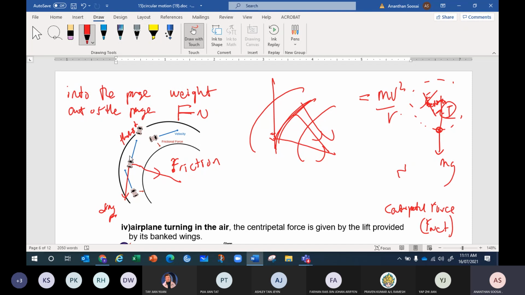But whatever force is acting 90 degrees to the center of the circle is pointless for our discussion, because if you resolve it, it won't contribute to the centripetal force. At the same time, it's not opposing it.